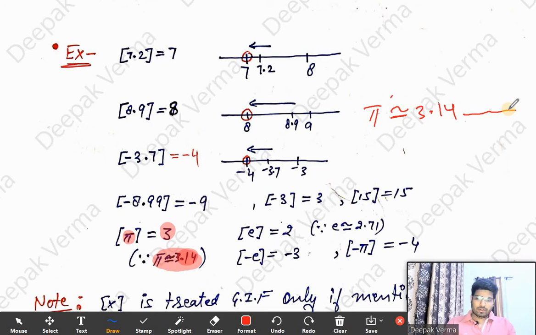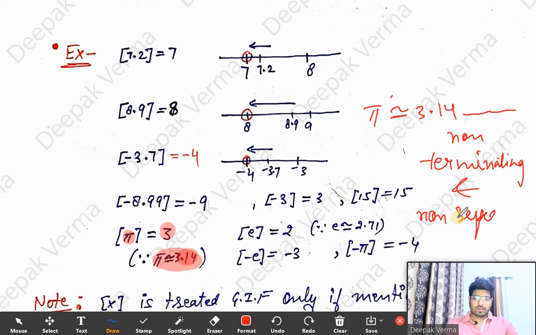Got it? This is an irrational number, because it is non-terminating and non-repeating.